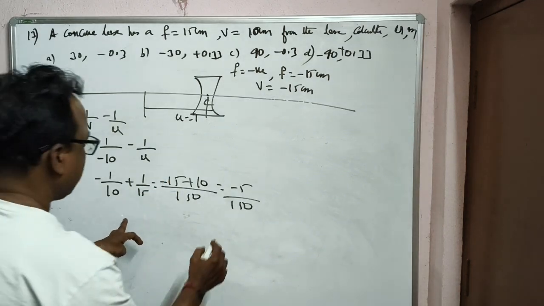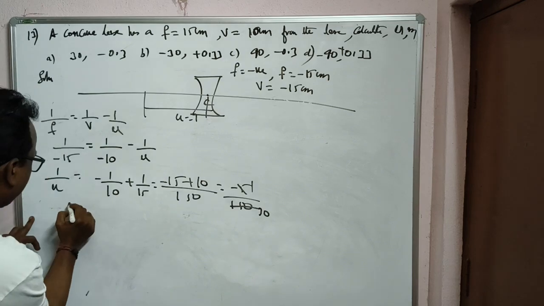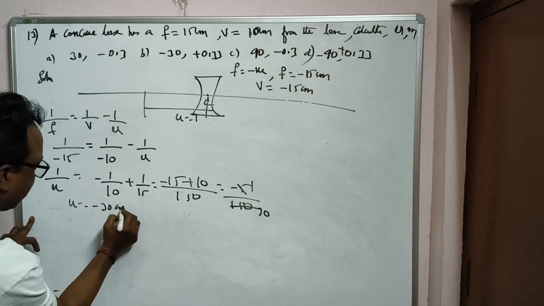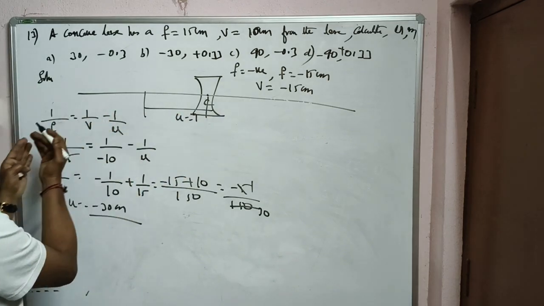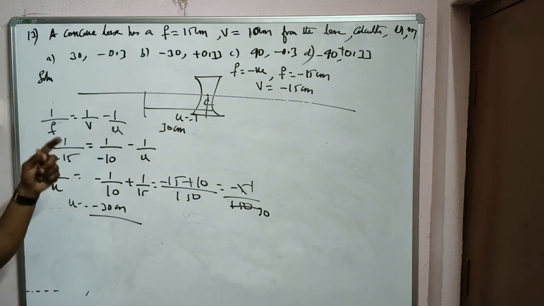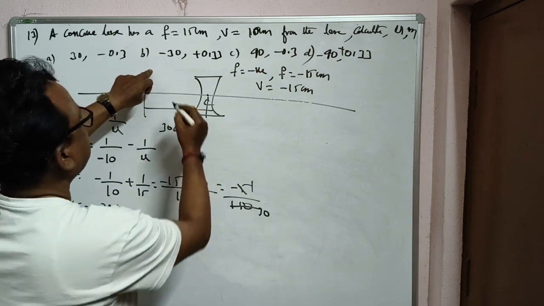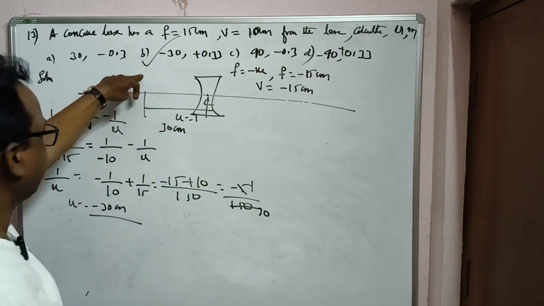Please check up. So finally 5 ones are 5, 5 30s are 150, and finally you got minus 30. That means the object is placed from the optic center at 30 centimeters. That is why you got minus 30. So object distance is minus 30.